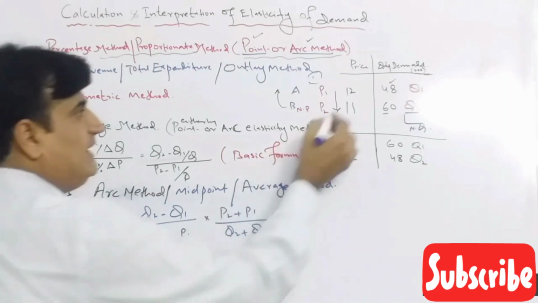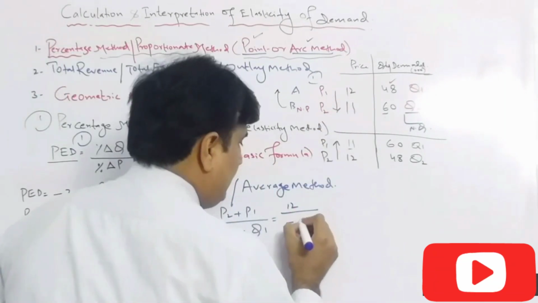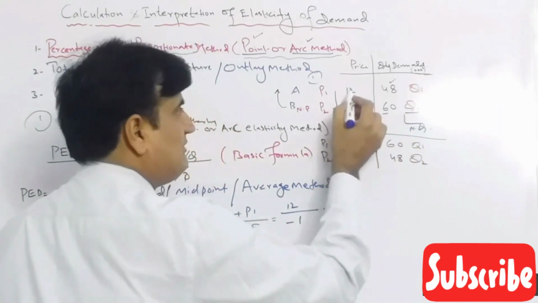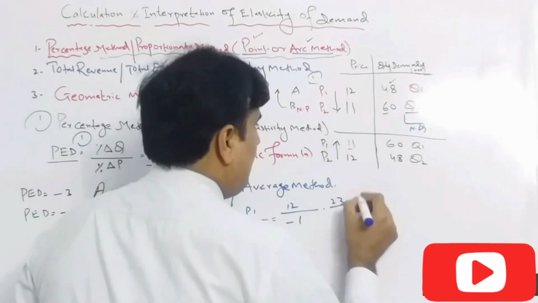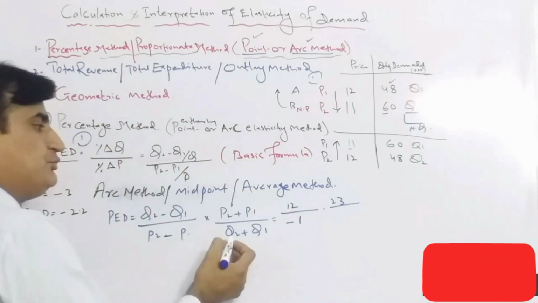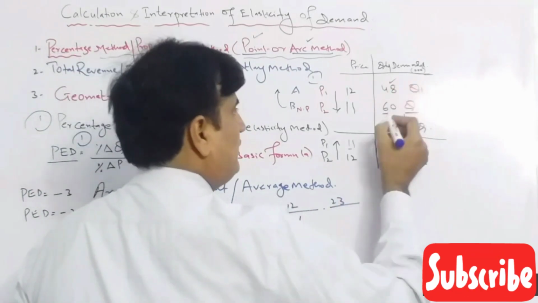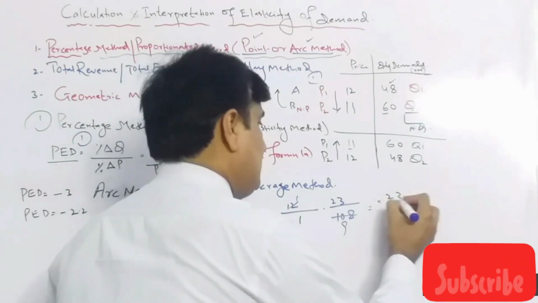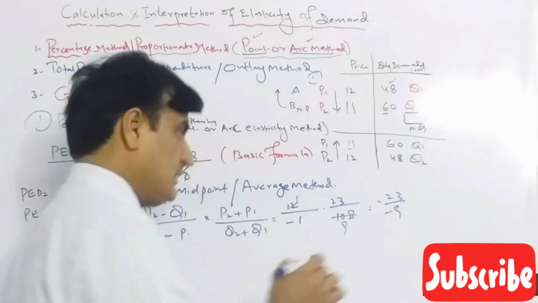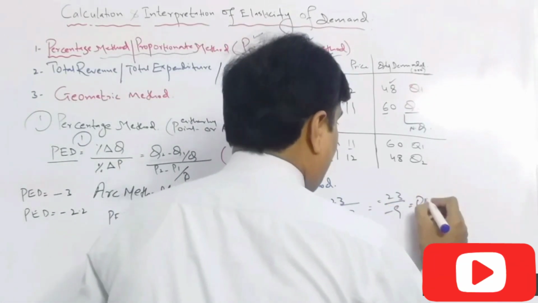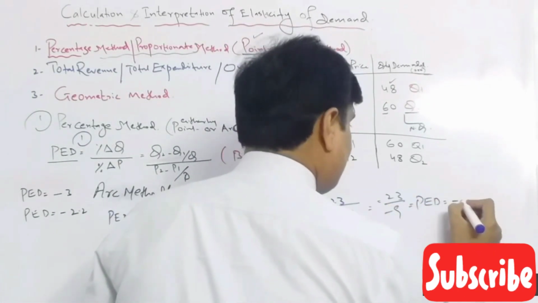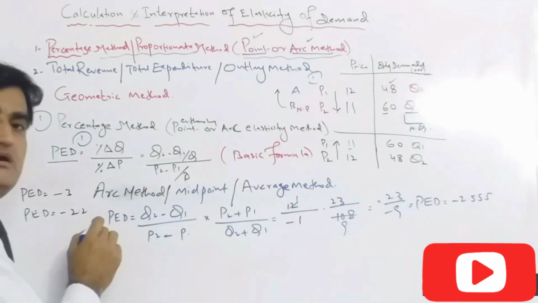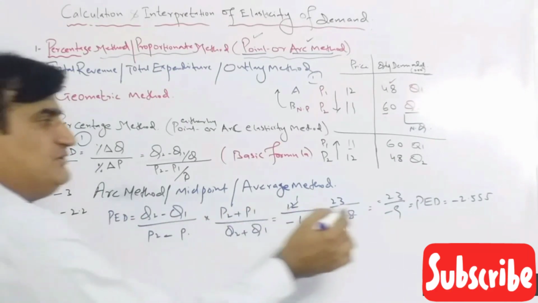P2 minus P1 is 11 minus 12, minus 1, multiplied by P2 plus P1, which means 11 plus 12, 23, upon Q2 plus Q1, so 60 plus 48, 108. So 23 upon minus 9. So the price elasticity of demand here is minus 2.55. So we have calculated the elasticity here. This is the absolute change.